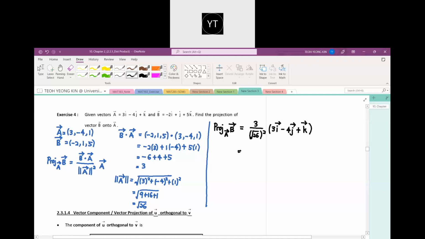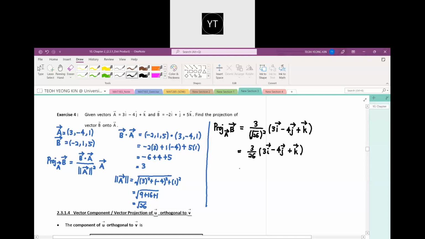From this part, we have 3 over 26, because when we square the square root, what we have here is 26. So here is 3i minus 4j plus k.